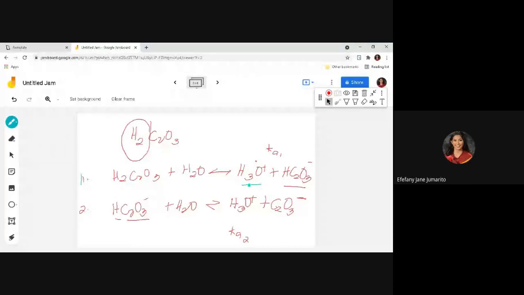So dili ang H3O plus mahimo conjugate base, kay kung base na siya, mudawat siya og H. Dawato ni niya nga H, so dapat mahimo na ni siyang H4O plus. So let's choose another. Now your conjugate base there is the HC2O3 minus.